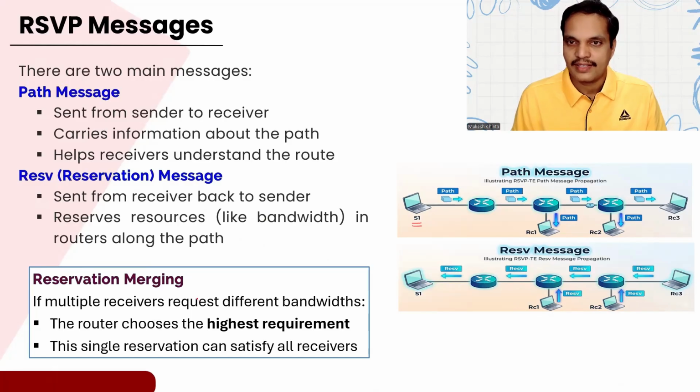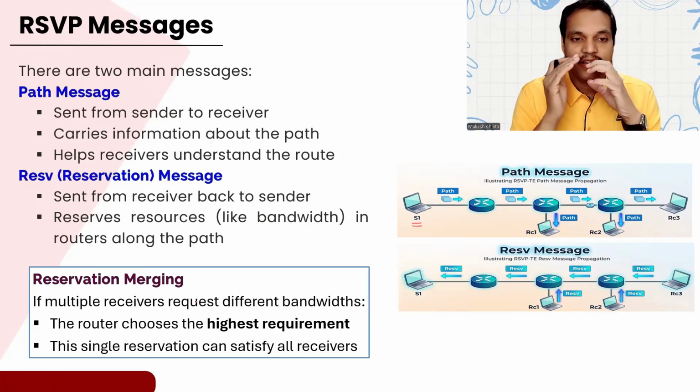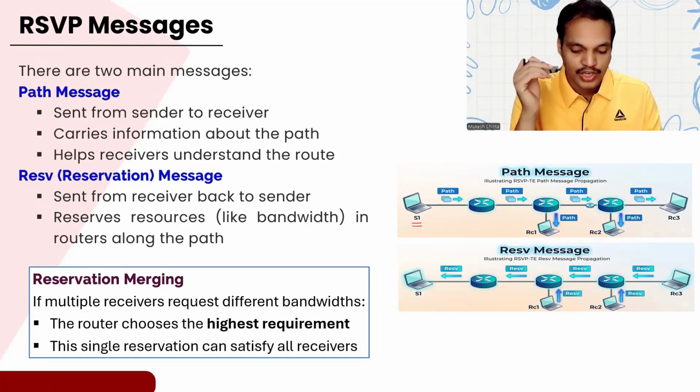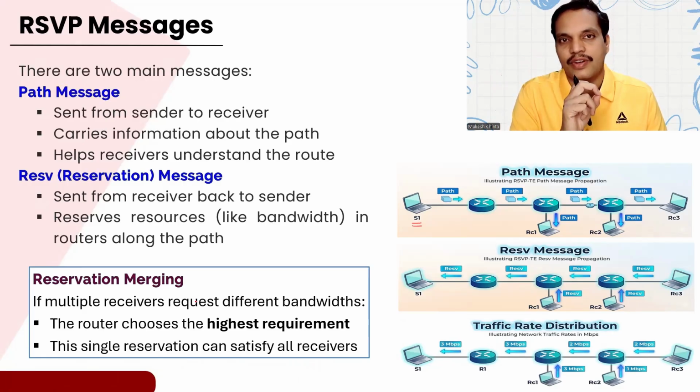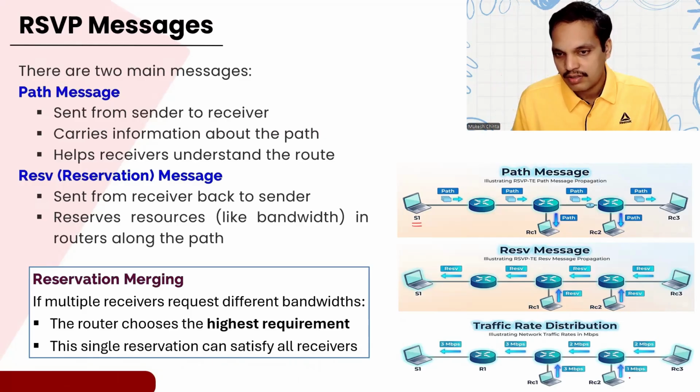There is something called reservation merging also. So what is reservation merging? If there are multiple receivers requesting different bandwidths, I'll show you with the help of this image. The router chooses the highest requirement. In this way, a single reservation can satisfy all the receivers. If you see here, receiver 2 is specifying 1 Mbps, but the router has advertised 2 Mbps because receiver 3 has given 2 Mbps.